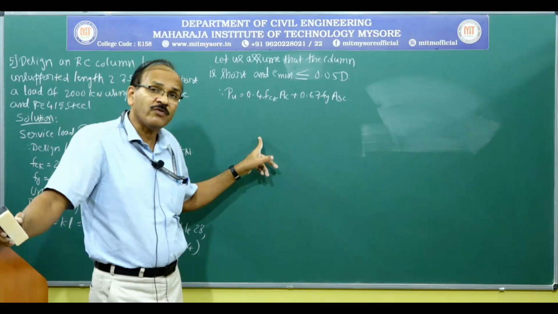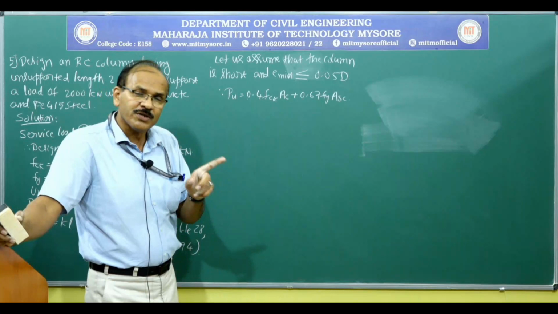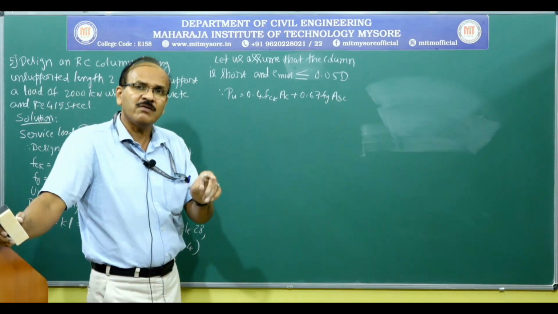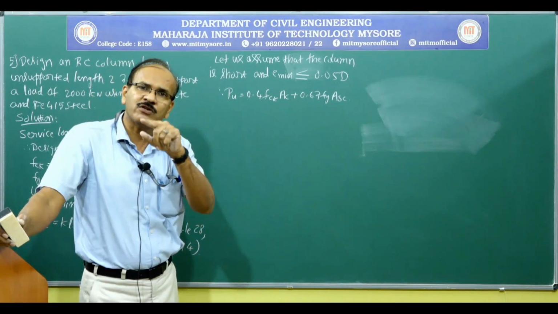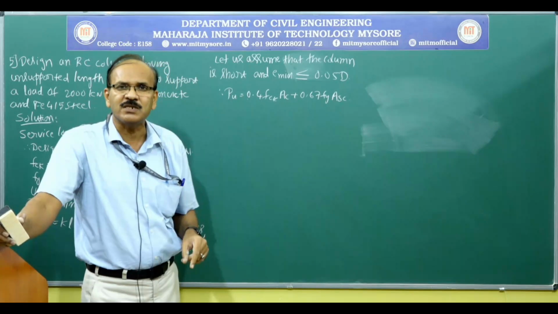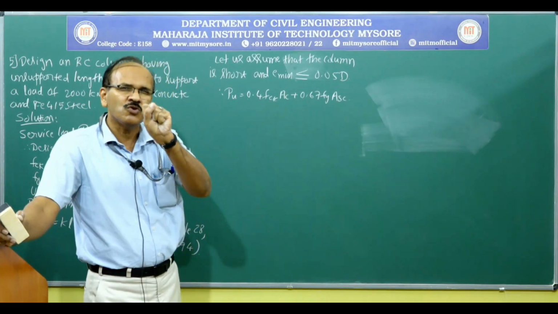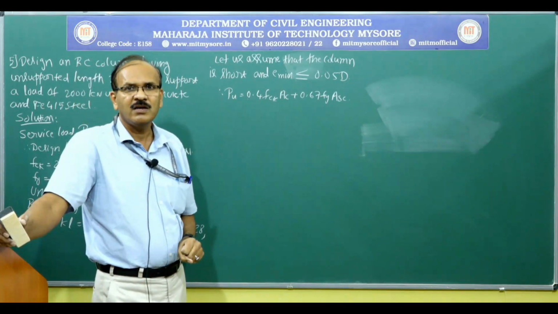So in this case, what we have to do is we have to assume one of the values. The code says minimum reinforcement we have to provide for a column is 0.8% of the gross area, and maximum reinforcement we can go for is 6% of the gross area. So based on that, what I do is I am going to assume 2% of the gross area is the area of compression steel required.